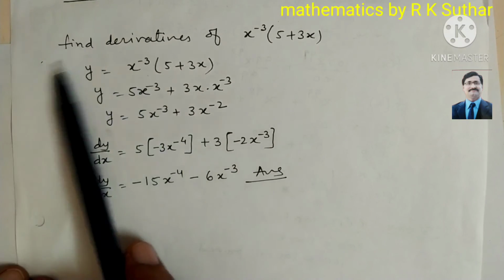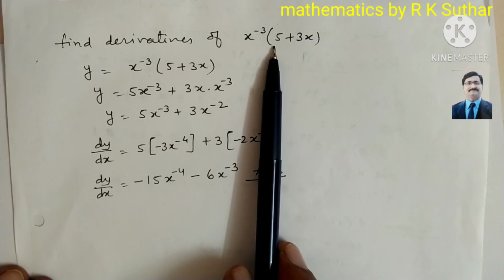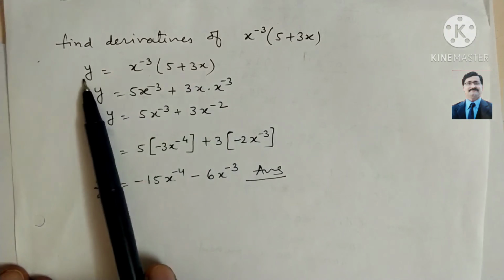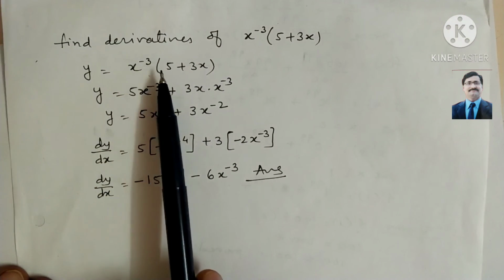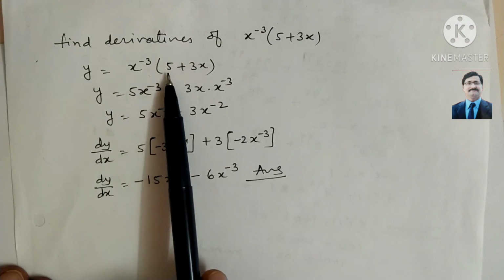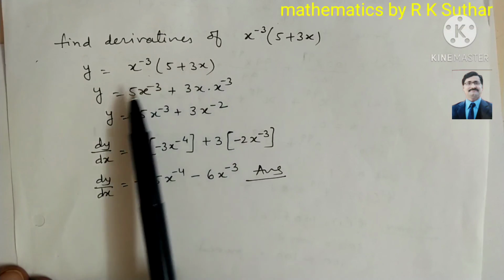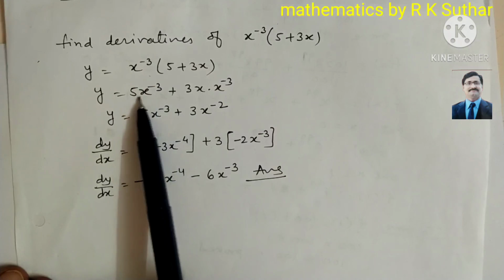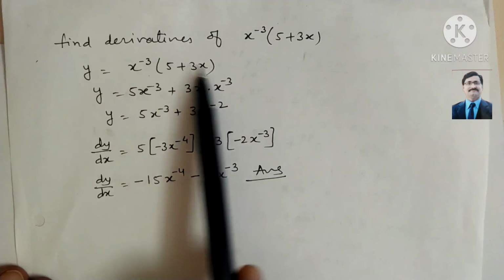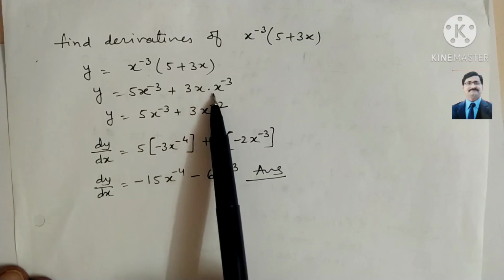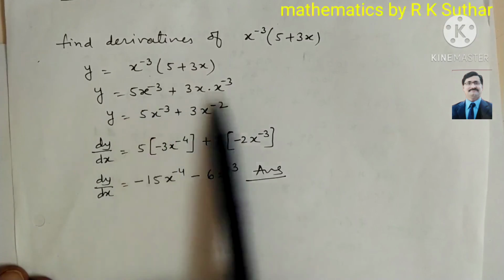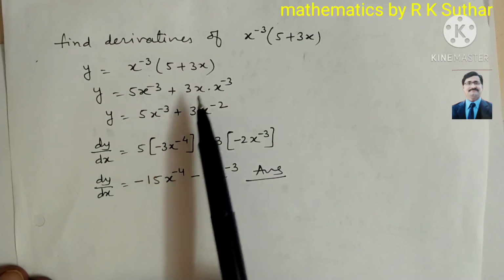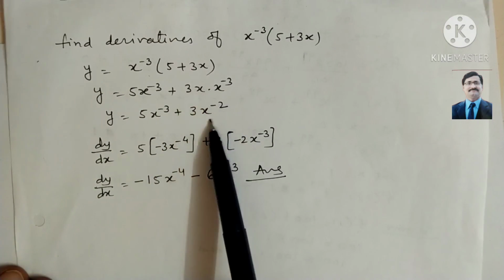Now we have to find the derivative of x^(-3)(5 + 3x). We take y = x^(-3)(5 + 3x), and now we multiply these. We get 5x^(-3) and 3x times x^(-3), which gives 3x^(-2).